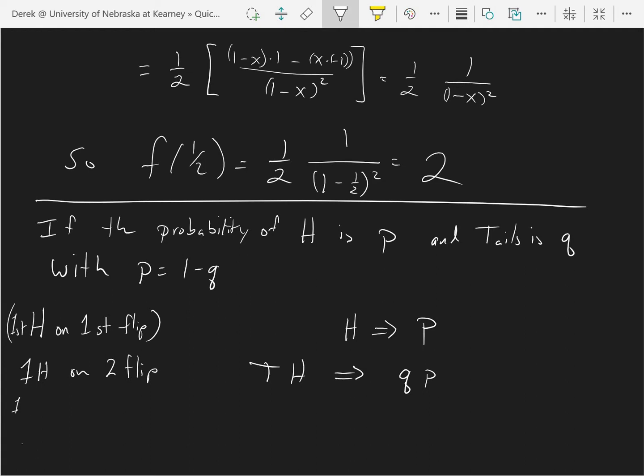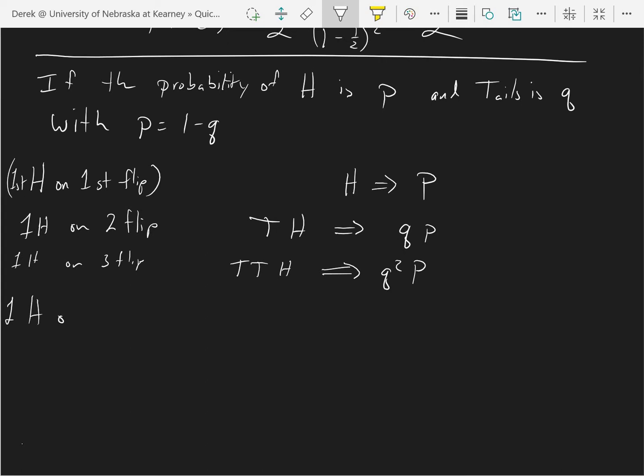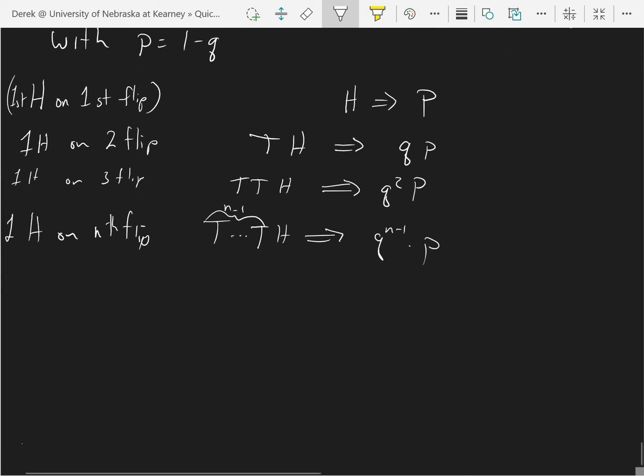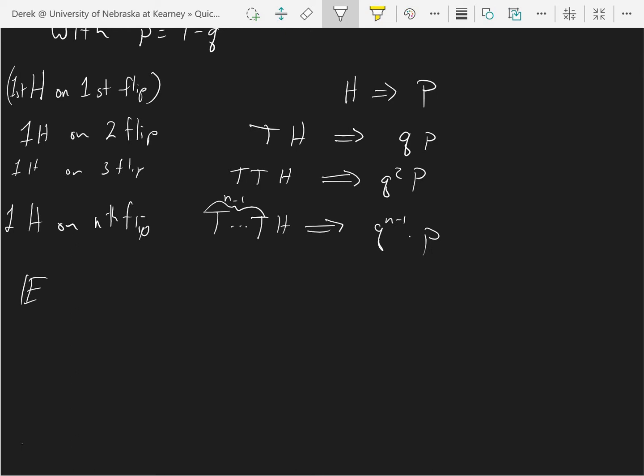First heads on third flip, I have to go tails, tails, heads, and that would give me a probability of Q squared P. First heads on nth flip, that would be tails n minus 1 times, and then a heads, which is going to give me Q to the n minus 1 times P. Okay, so my expected value is going to equal the sum of n times Q to the n minus 1 times P from n equals 1 out to infinity.